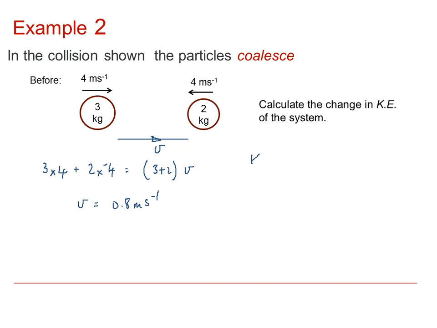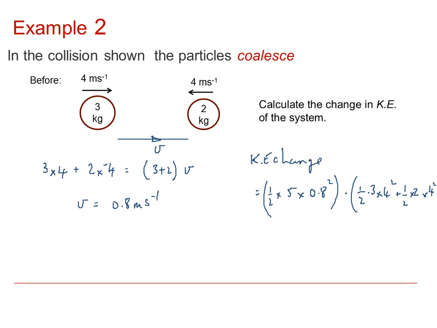So therefore the change in the kinetic energy, again given by a half mv squared minus a half mu squared for both particles, the total energy after the impact is going to be a half multiplied by 5 multiplied by 0.8 squared, and then minus the energy before impact, which is 1/2 multiplied by 3 multiplied by 4 squared, plus 1/2 multiplied by 2 multiplied by 4 squared.